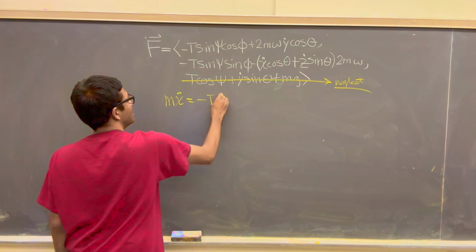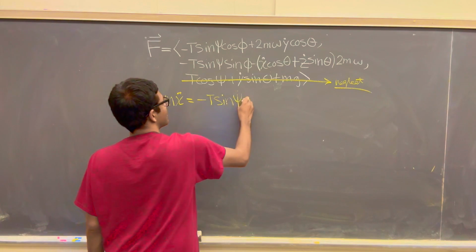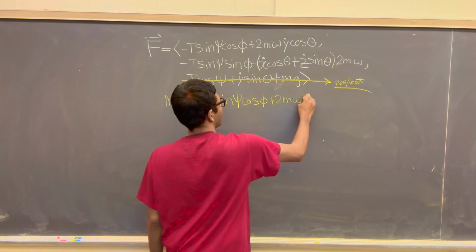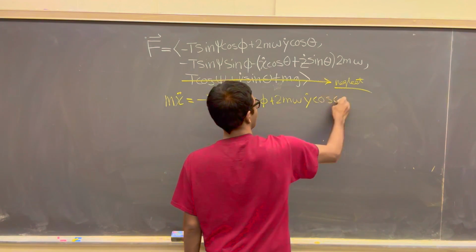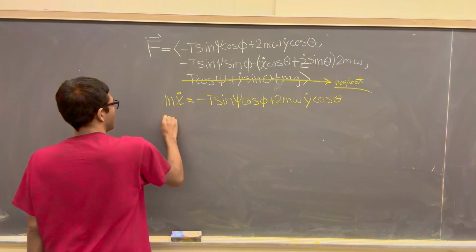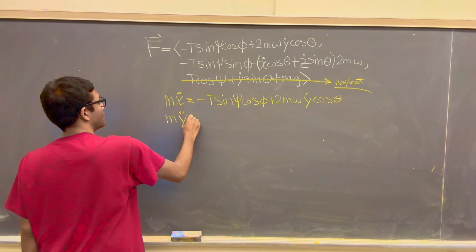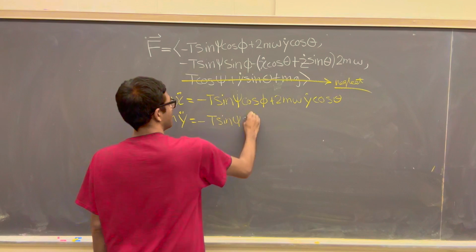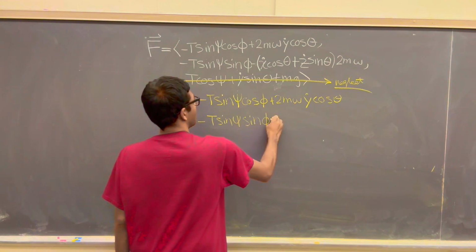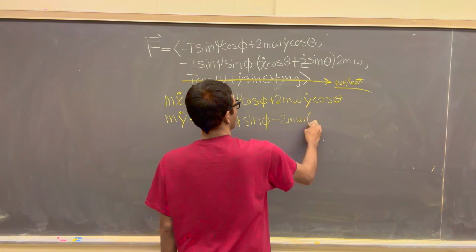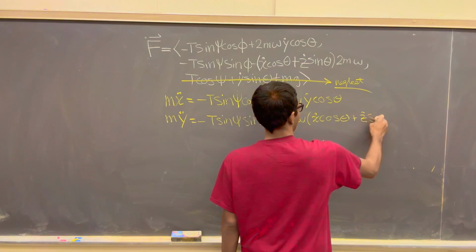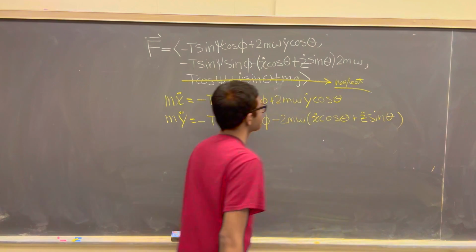So minus T sine psi cosine phi plus 2m omega y dot cosine theta, and my x double dot is equal to minus T sine psi sine phi minus 2m omega x dot cosine theta plus z dot sine theta.